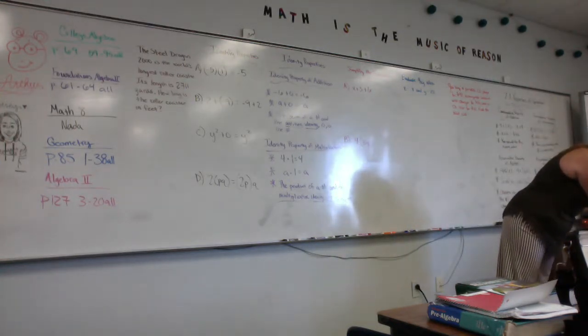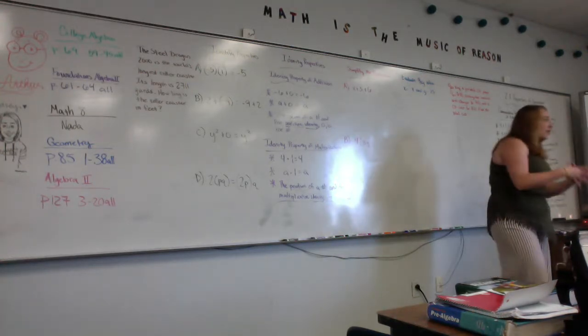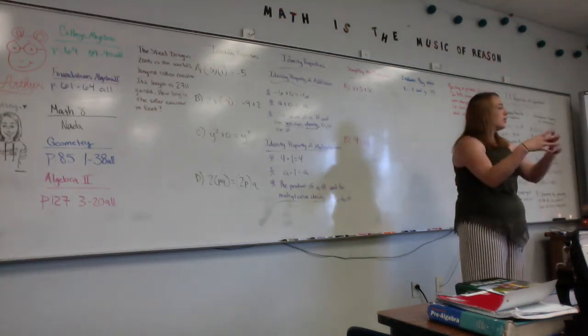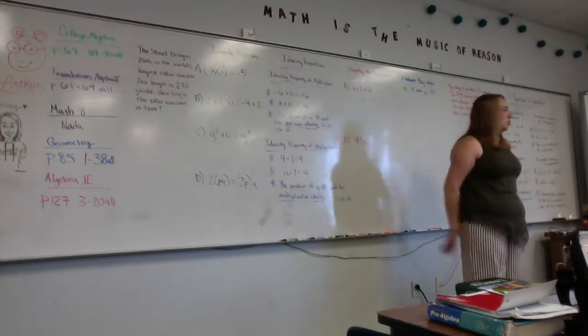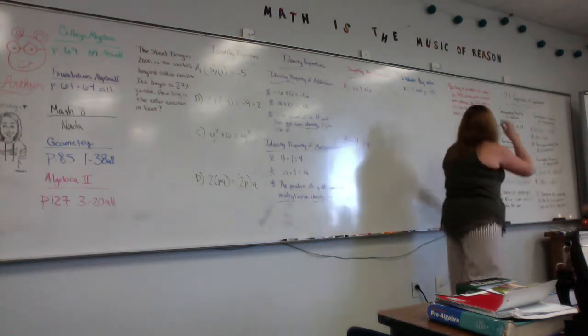When you think about the word associate, it means to group together. When you associate with someone, you're with them, you're communicating with them, you're talking to them. That's what these properties are like.